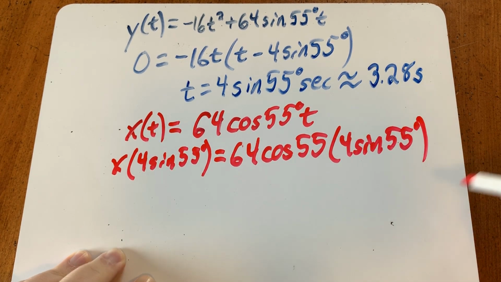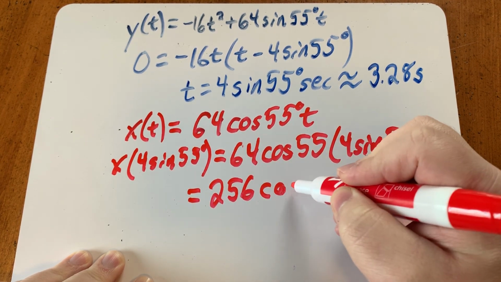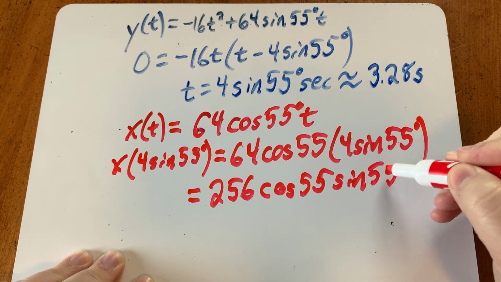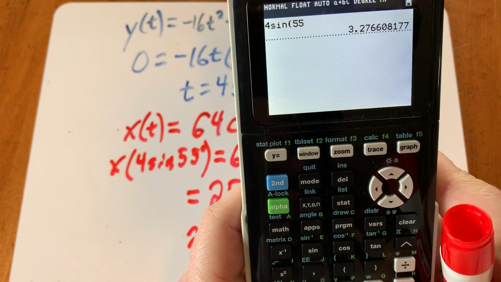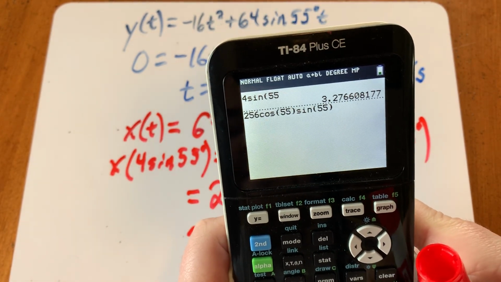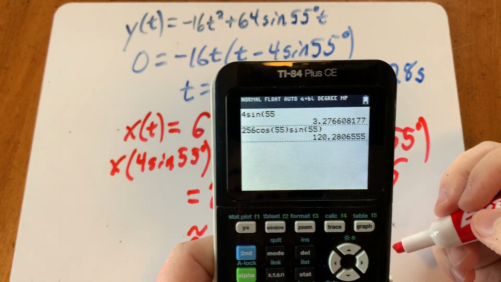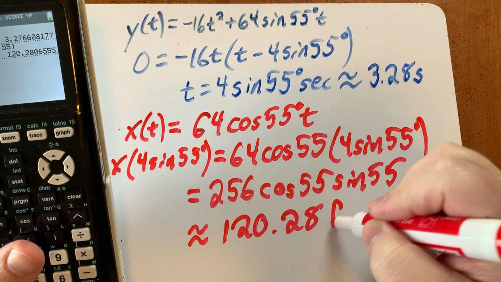So 64 times 4 is 256, cosine of 55, sine of 55. I don't know what that is off the top of my head. I'm in degree mode, so it's approximately 120.28 feet.